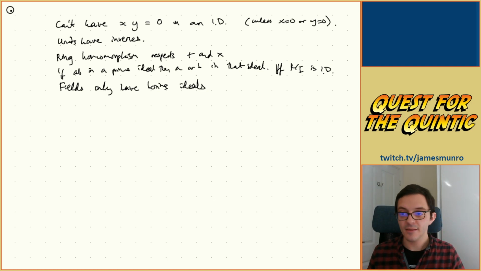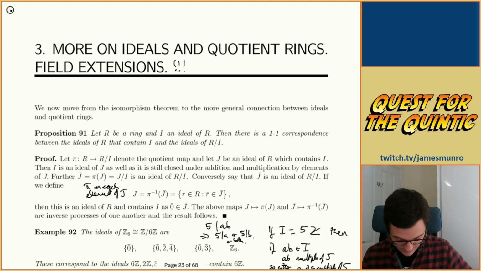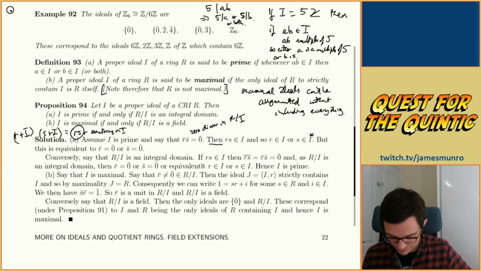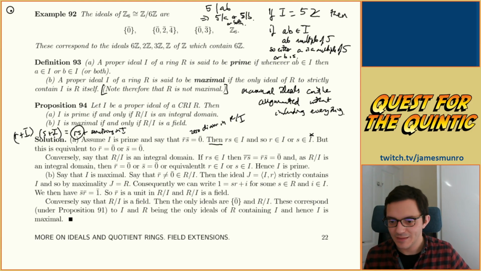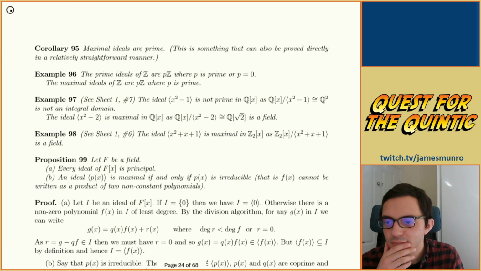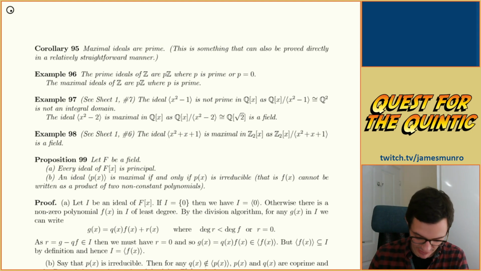Okay, what next? Right, so those are boring, so it's maximal. Corollary: maximal ideals are prime. That can be proved directly, which we should do at some point.